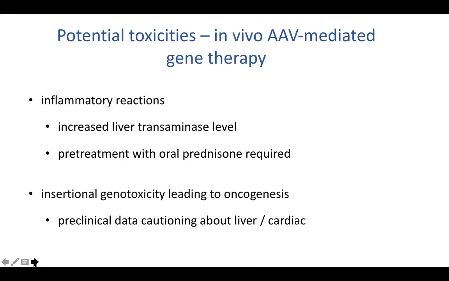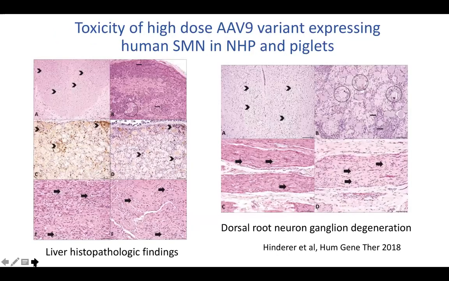In animals, there has been oncogenesis, meaning tumor formation, but so far we have not seen this in any human studies. So it's something we're very cautious about, and we're watching whether there are any so-called clones that arise, but so far this has not been a concern.